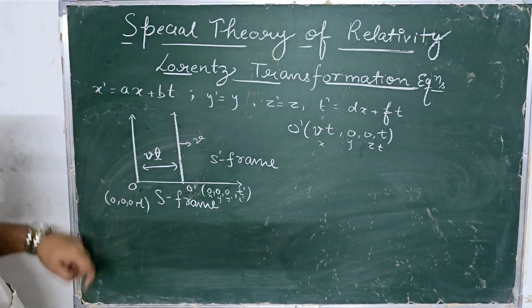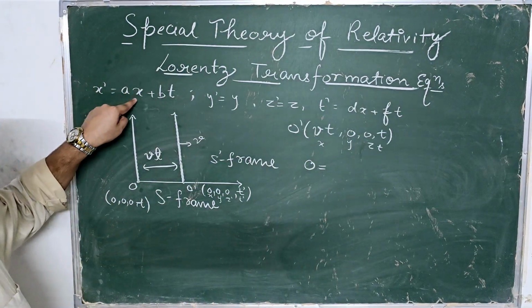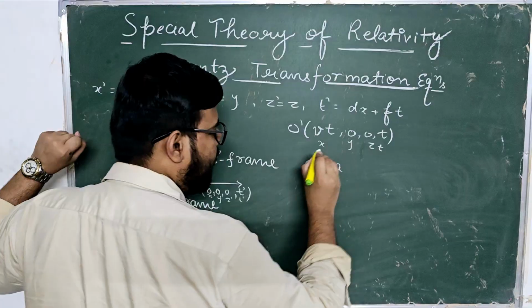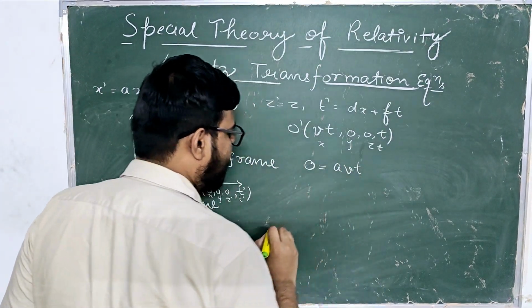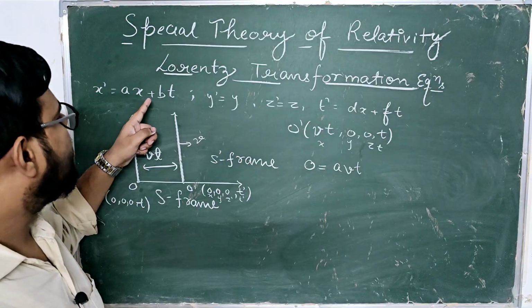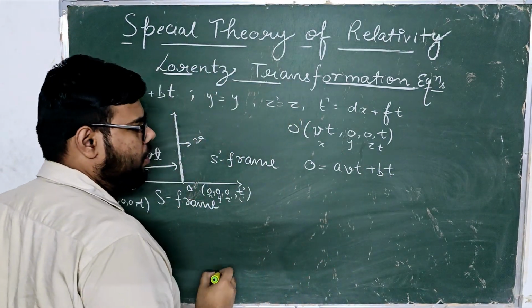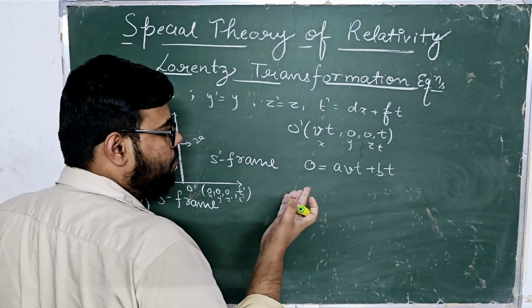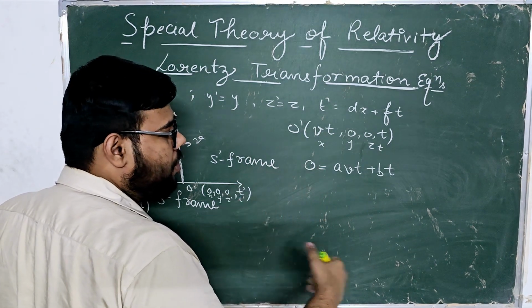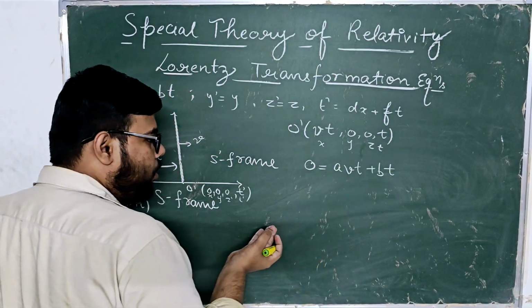So let's substitute the values. 0 is equal to ax, what is x? x is equal to vt, right? So avt plus bt, correct? Now of course the value of t is for all values of t, not just one value of t. So we can divide both sides by t.